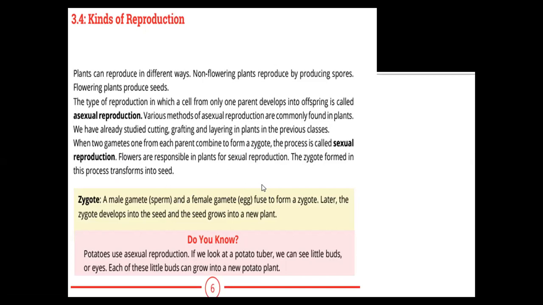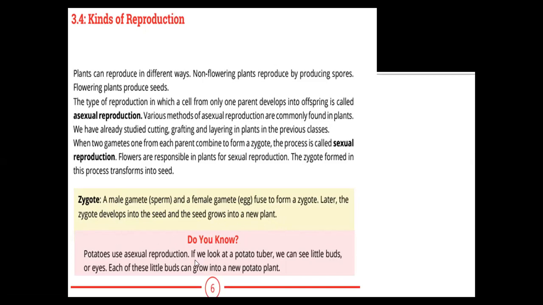When in the anther and a stigma, the pollen grain with the ovule combines, it forms seed later on. So zygote, what is it actually? A male gamete that is called sperm and the female gamete that is called egg fuse to form a zygote. Later, this zygote develops into seed and seed grows into new plant.